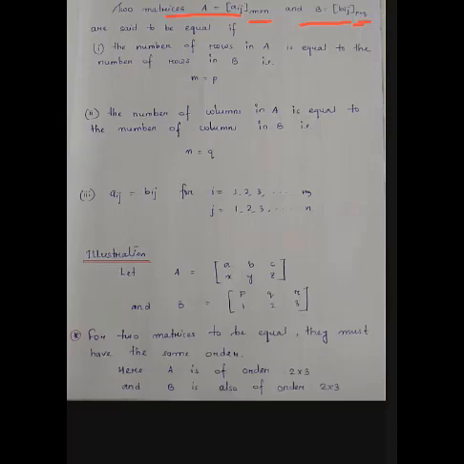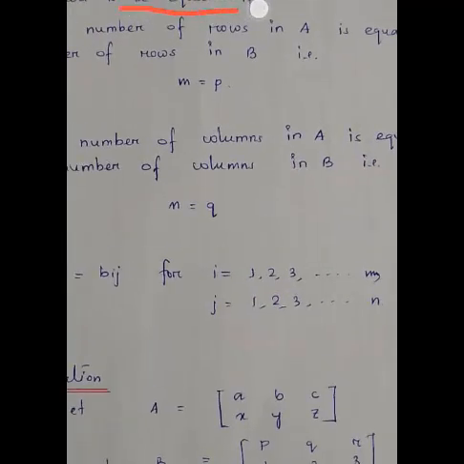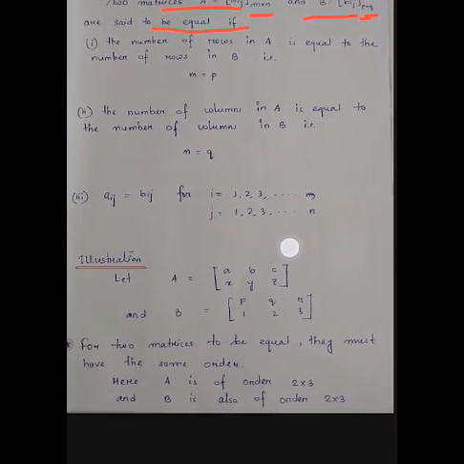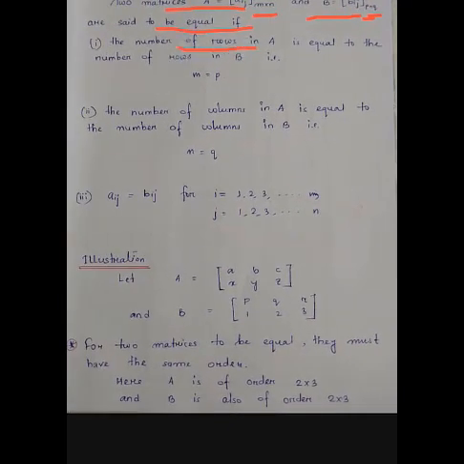These two matrices are said to be equal if the number of rows in A is equal to the number of rows in B. That means whatever number of rows matrix A has, the same number of rows should be present in matrix B also.